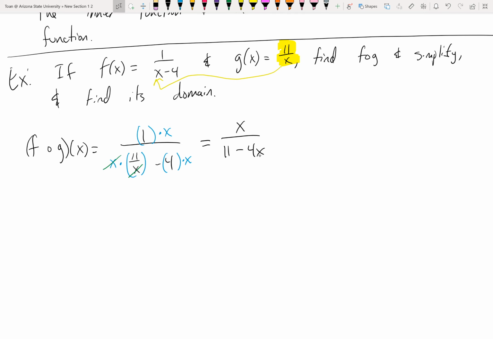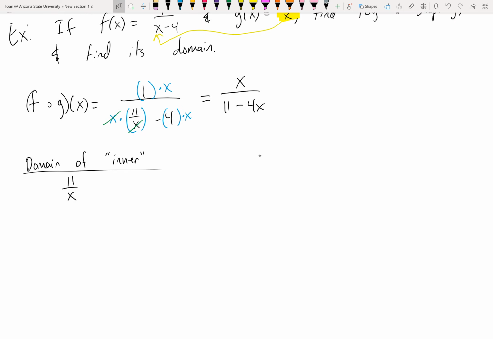To find the domain, you find the domain of the inner function. And what was the inner function? We plugged in the g, so that's 11 over x. So we can see it's a fractional function, and then to find the domain of a fractional function, we just set the denominator not equal to 0. Well, that was pretty simple. Then we do the domain of the answer function.